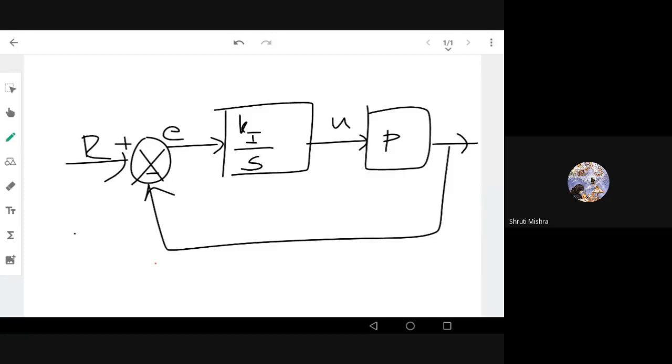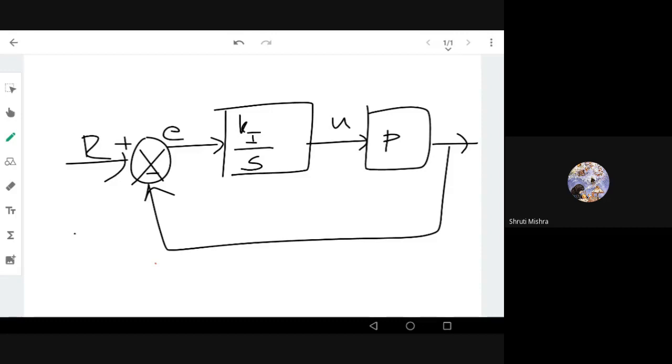How is it reducing steady state error? Because it is improving the type of system. We'll discuss what the type of system is, the type number of a system, when we discuss the Laplace transform and advanced concepts. Right now, let's understand integral control, its advantages and disadvantages. It reduces steady state error.